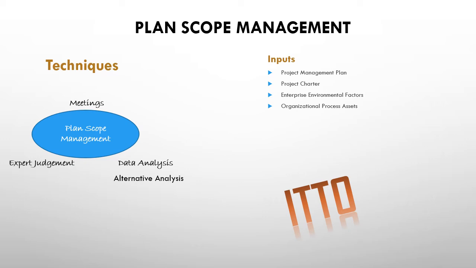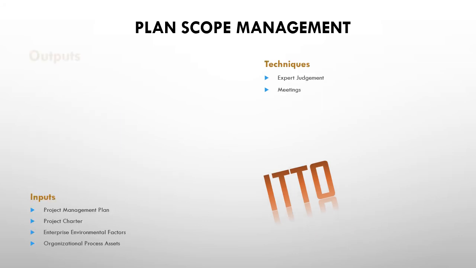This is how alternative analysis helps a project manager to reach an agreement between various stakeholders. Also, it helps the project manager to select the best option. So after a lot of brainstorming that the project manager does after meeting with a lot of stakeholders and project team members, alternative analysis helps the project manager to select the best option.